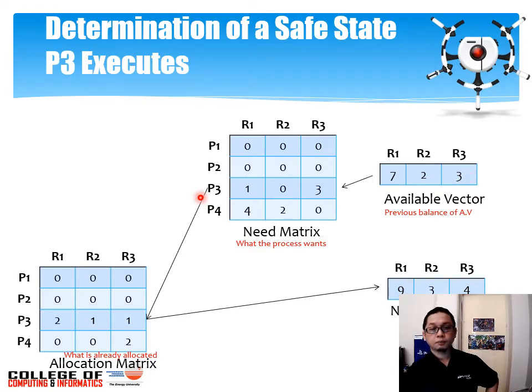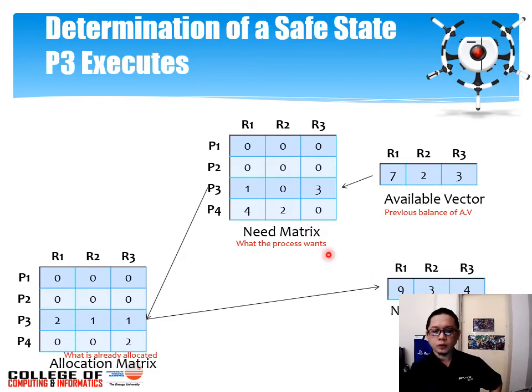Now after P3 finishes, it will return these resources to the available vector. So 7 plus 2, you will get 9. 2 plus 1, you will get 3. 3 plus 1, you will get 4. So this is the new value for your available vector.